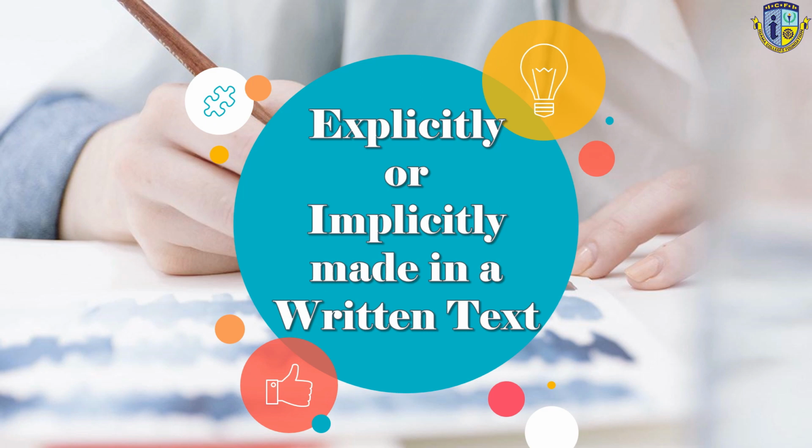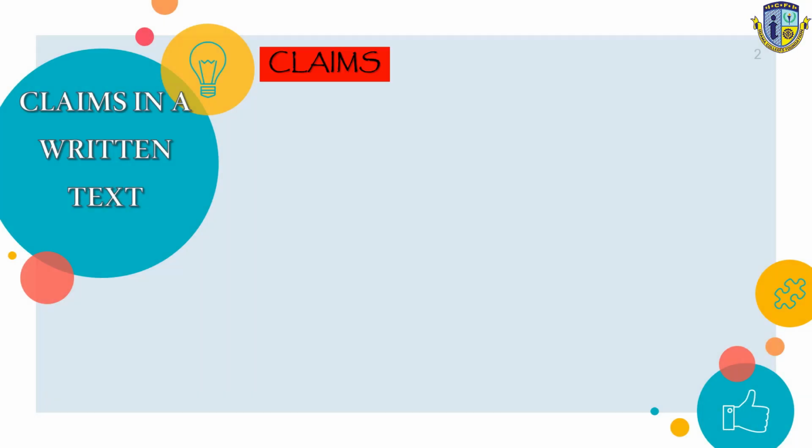But before we discuss that topic, let me define first what is claims. Claims is defined as a statement that is not considered or accepted by all. A claim may be unverified or controversial to a certain degree. It is usually related to one side of an issue.